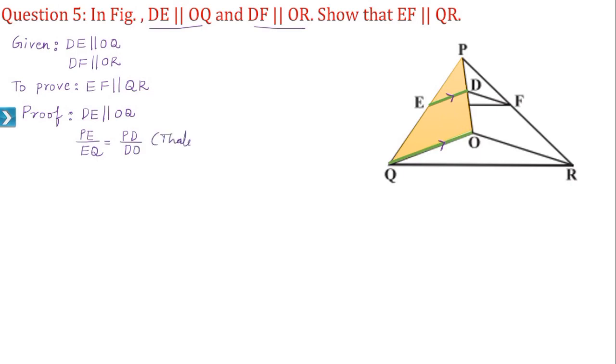That is because of Thales theorem. If DE is parallel to QO, then we can write PE by EQ is equal to PD by DO.